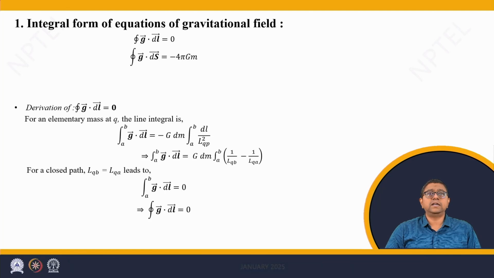First, we look at the integral form of the equations for the gravitational field. So the first integral equation is line integral of g dot dl equals 0.